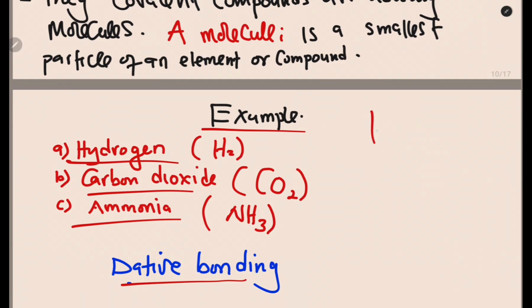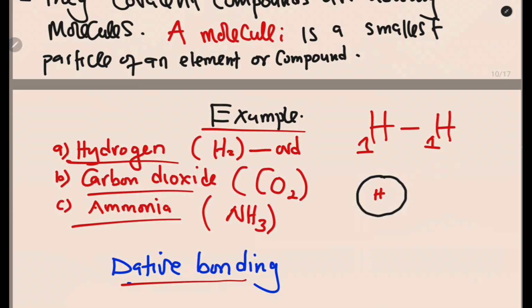If you look at hydrogen, it is a hydrogen atom and a hydrogen atom. Here we are dealing with the ordinary hydrogen, which is hydrogen 1, with atomic number 1. If you were to draw the structure for hydrogen 1, which is H, it only has 1 electron in the first shell, and it is not stable because the required number is 2.